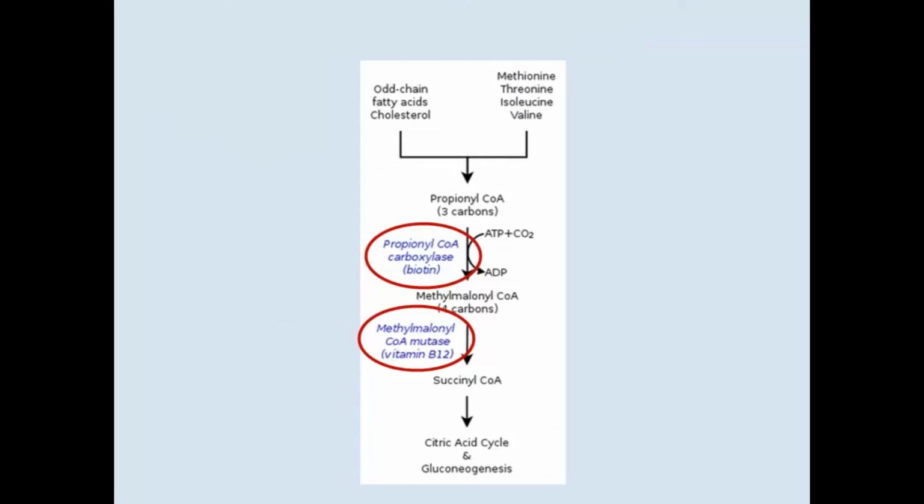This is just a close-up of that pathway that I was showing earlier. So propionyl-CoA carboxylase deficiency is propionic aciduria, and methylmalonyl-CoA mutase deficiency is methylmalonic aciduria. So PA-MMA, it's easier to say.